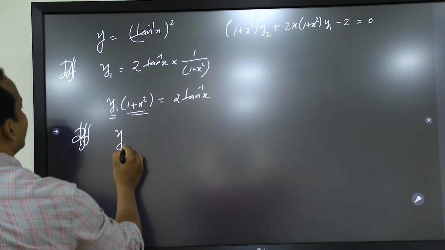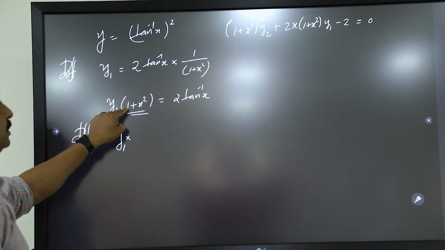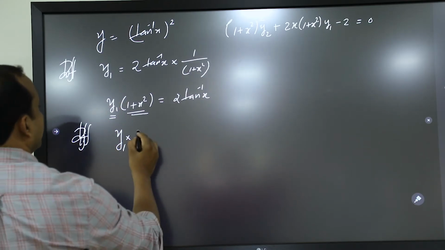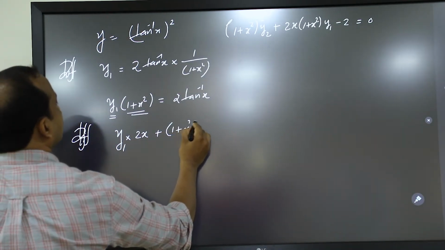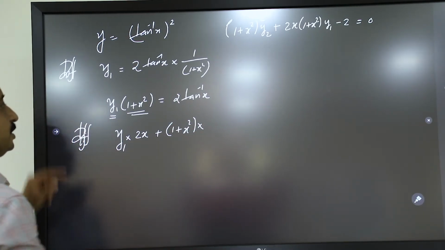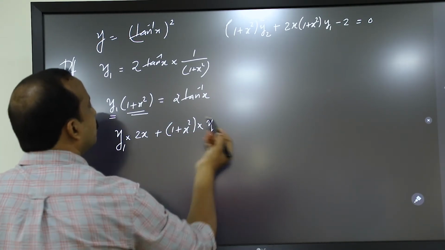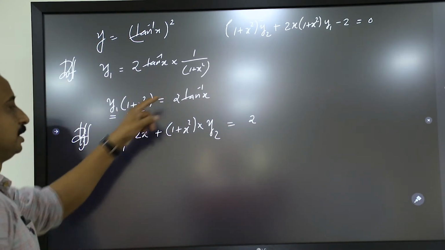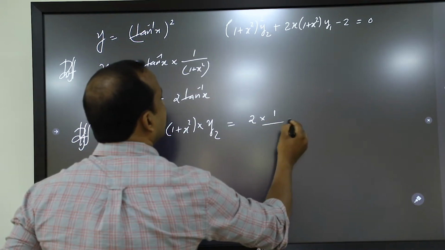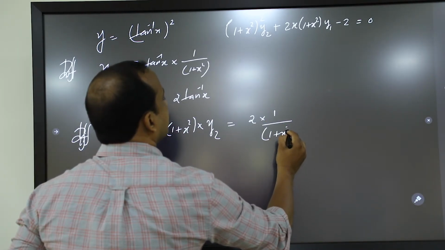Therefore y1 into derivative of 1 plus x square, which is 2x, plus the second function 1 plus x square into derivative of y1, denoted as y2, is equal to 2 into the derivative of tan inverse x, which is 1 divided by 1 plus x square.